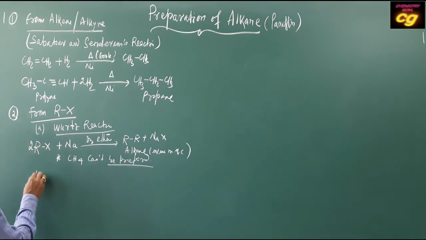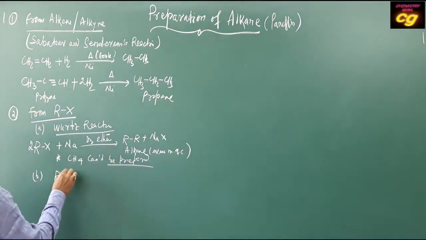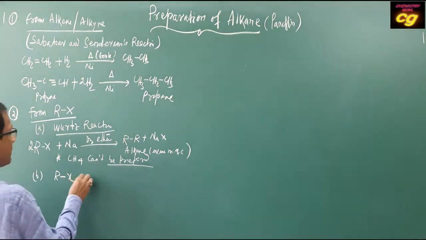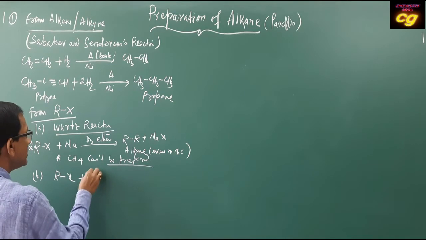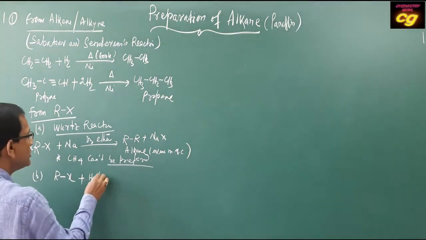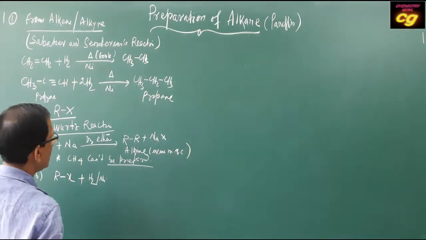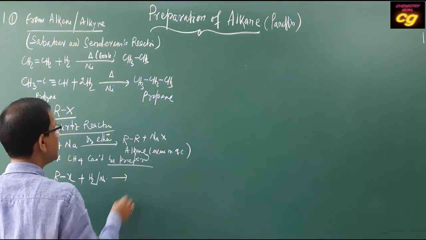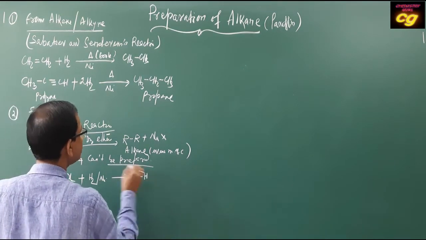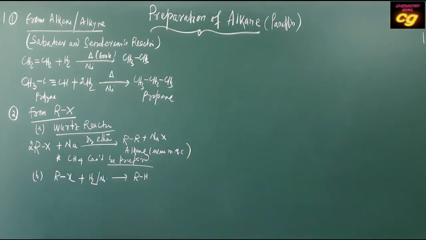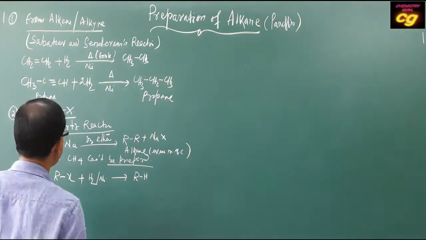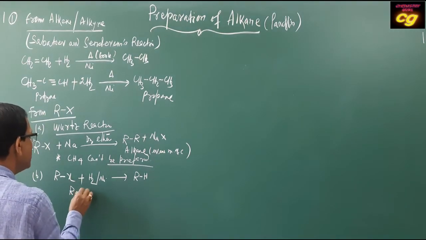Then alkane can also be prepared from haloalkane by the reduction method. Haloalkane with a reducing agent, hydrogen and nickel, produces RH. One important thing is what the other reducing agents are that can be used.